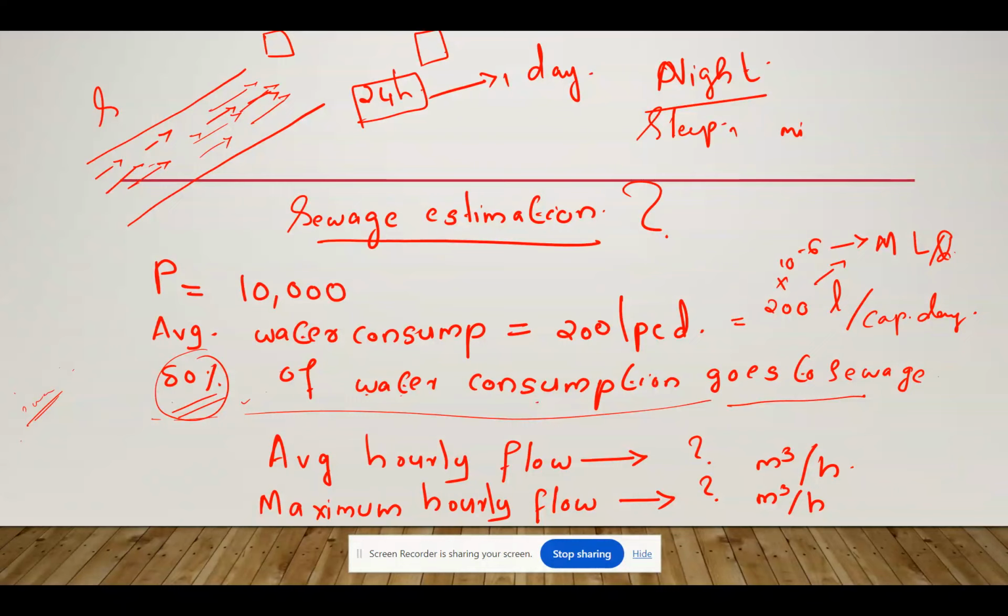Then average water consumption is also given. Now how do you calculate the average water flow, and then how do you convert the average flow to the average hourly flow? So now we'll go and see that, and then I will give you another question for you to solve.